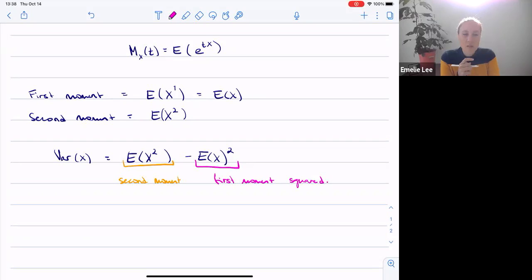Okay, and so we can use that, especially if we have a moment generating function. You can imagine a moment generating function, so that's where we're going to pick up today, is a function that gives you the moments, right?